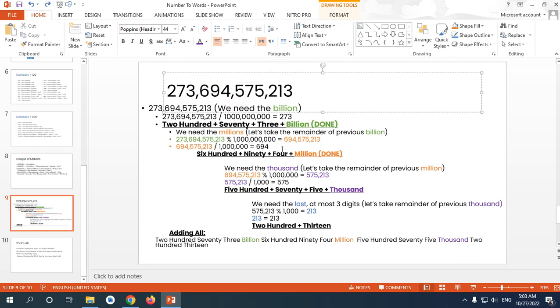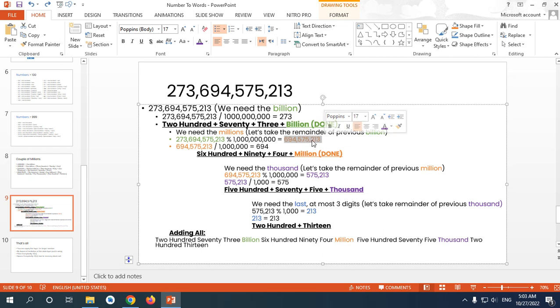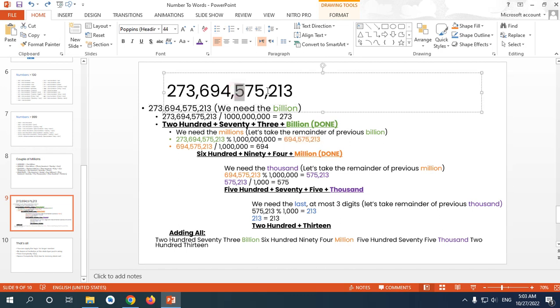Now we have calculated the million and we need now the thousand. How can we achieve the thousand? We're gonna take the remainder of the previous million, which is 694, 575, and 213. How can we get the remaining of this million? We're just gonna divide it by million, and not divide, I'm sorry again, it's modulo.